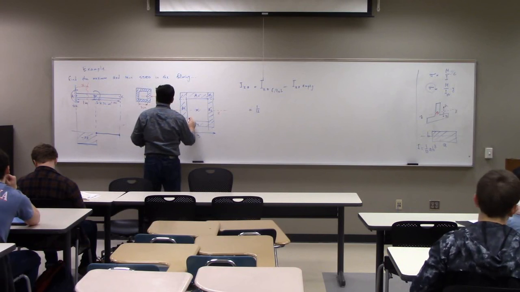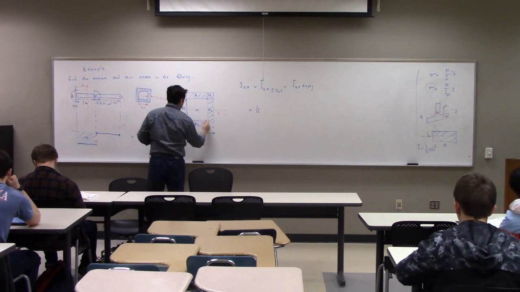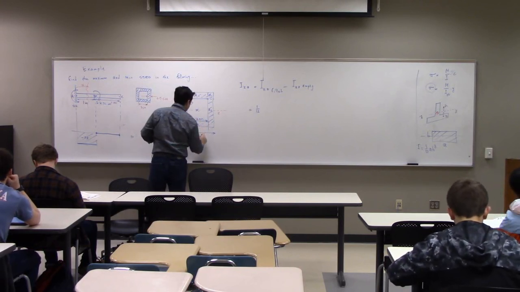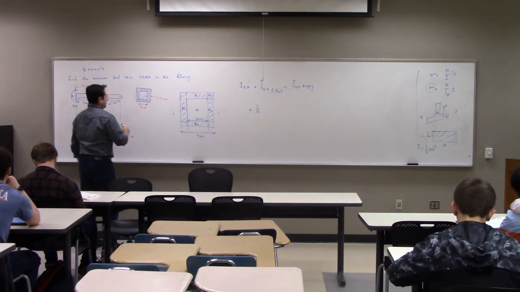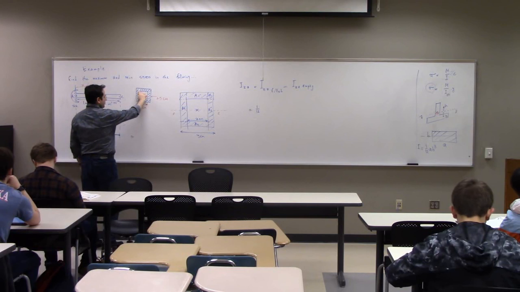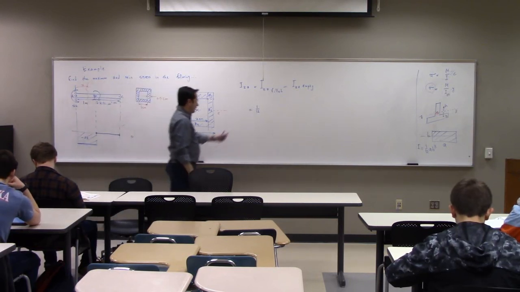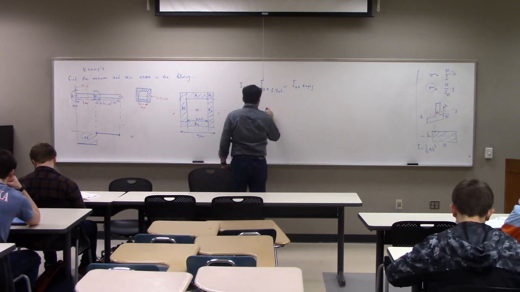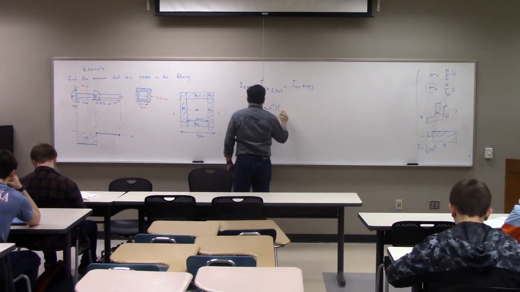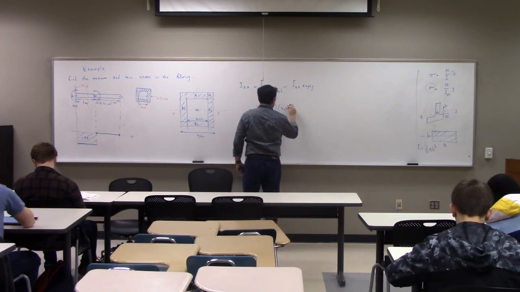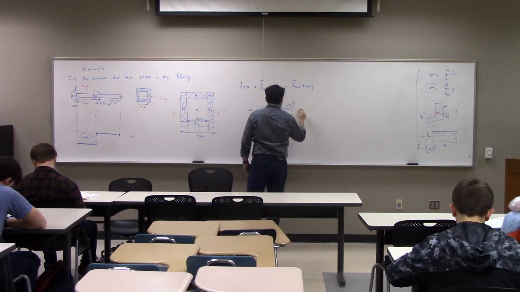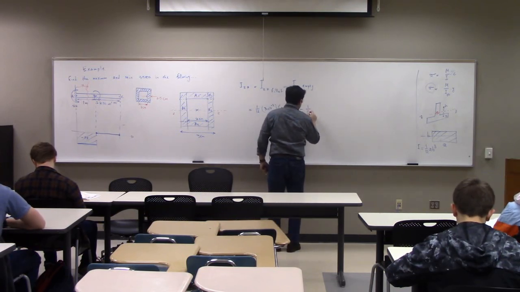The smaller one though is 2 centimeters, 3. And we have the same thing here. So this is 2, I have 3, and 2 here. So 1/12, 3 times 10 to the negative 2, 2 times 10 to the negative 2, cubed, minus 1/12.